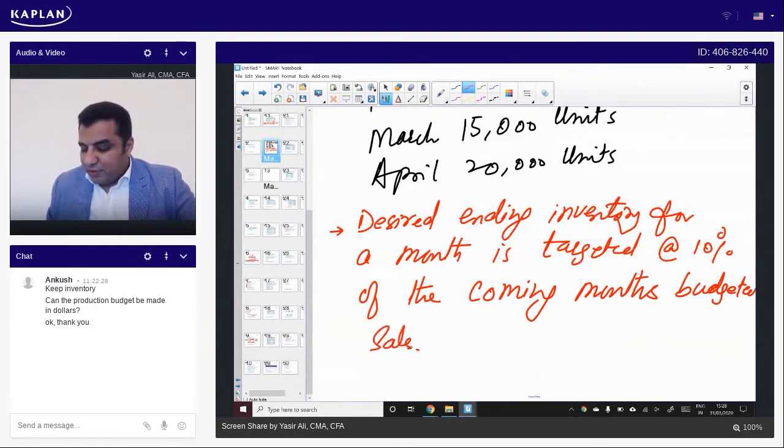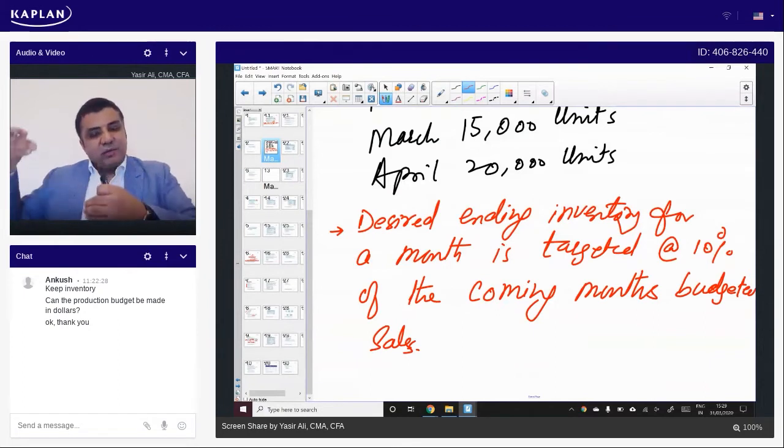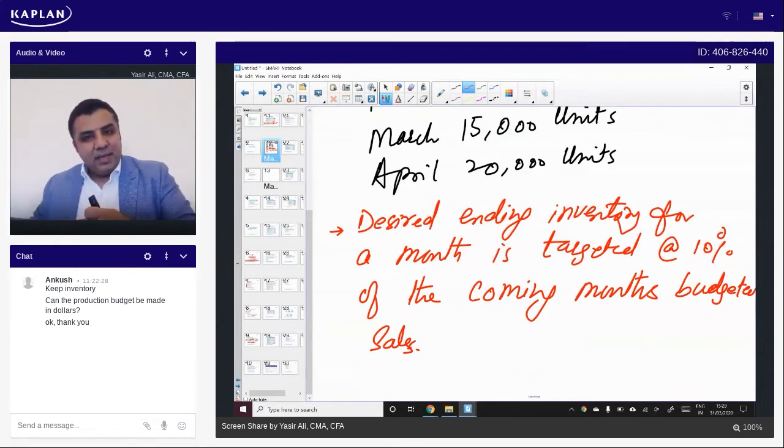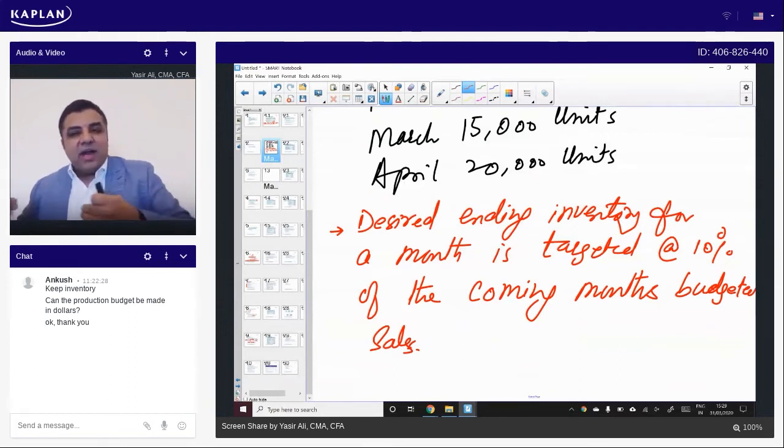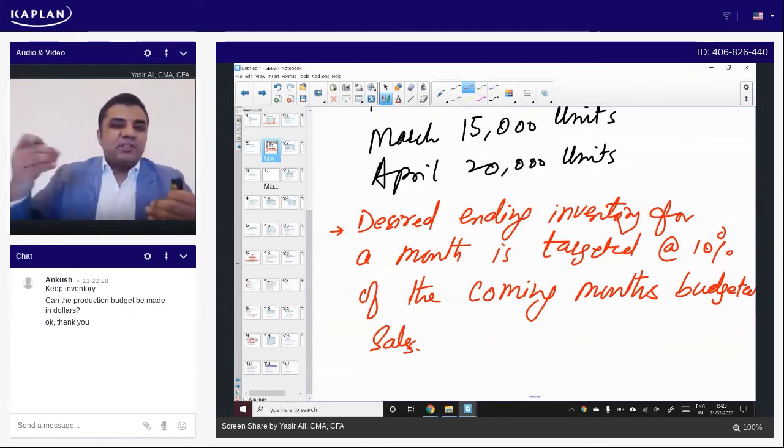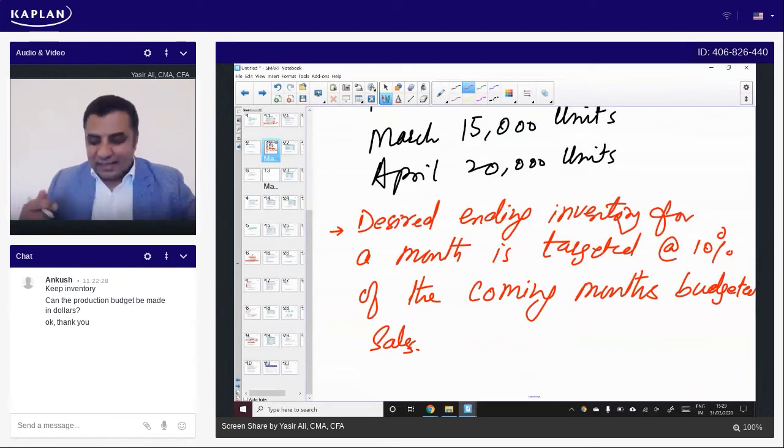This is the only information that is given to you. So you are given budgeted sales for January, February, March, and April, and you are told that the desired level of ending inventory is 10% of coming month's sales.